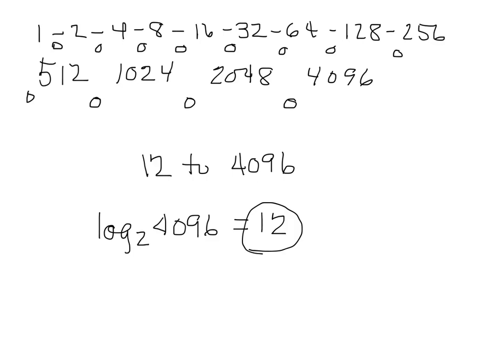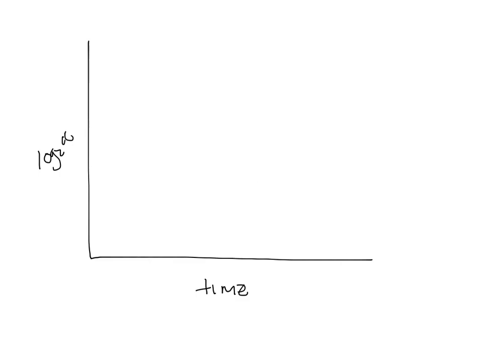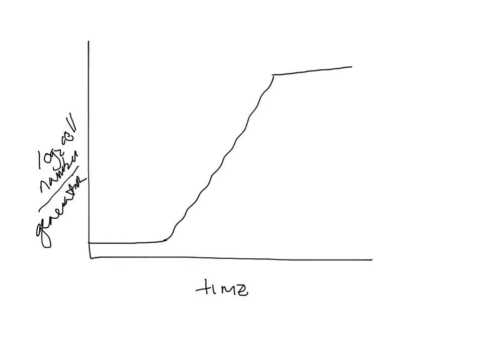Okay, so what does that mean for cell culture and cell doubling? Let's go back to the graph. So now, instead of cell number over time, if we have log base 2 of cell number, and in fact we know that that's essentially equal to generation, what we end up getting is a very distinct lag phase, a very clear log phase, and a very clear stationary phase.